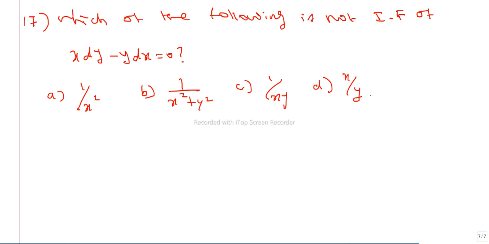Which of the following is not an integrating factor?